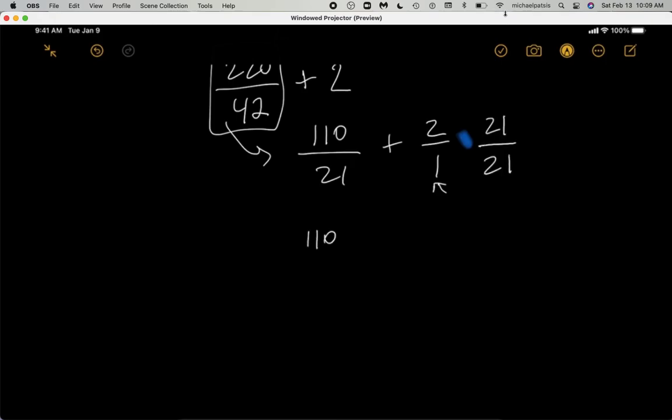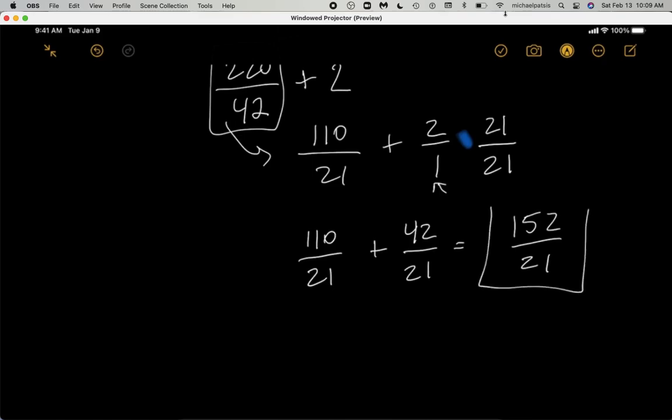So now we have 110 over 21 plus 42 over 21 equals 152 over 21. So that is a situation where we have it in a fraction, which is not rounded, and the answer was in centimeters, by the way, and centimeters to the first power, because we're dealing with perimeter.